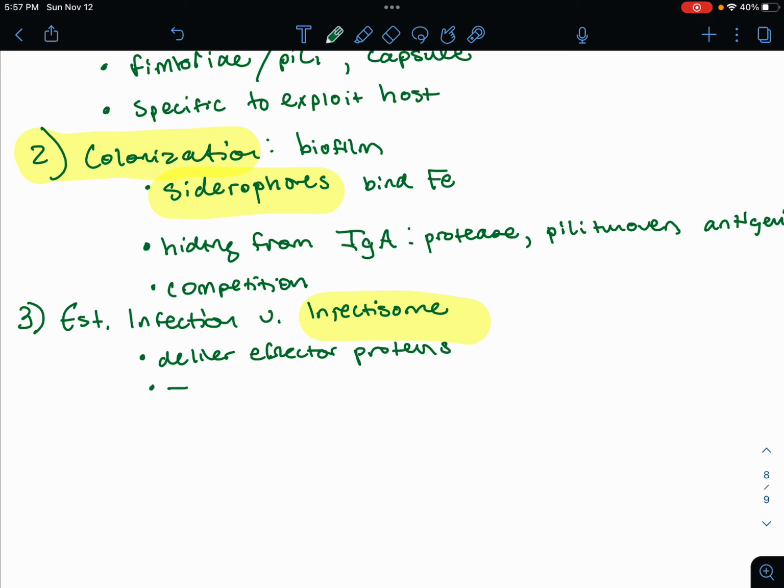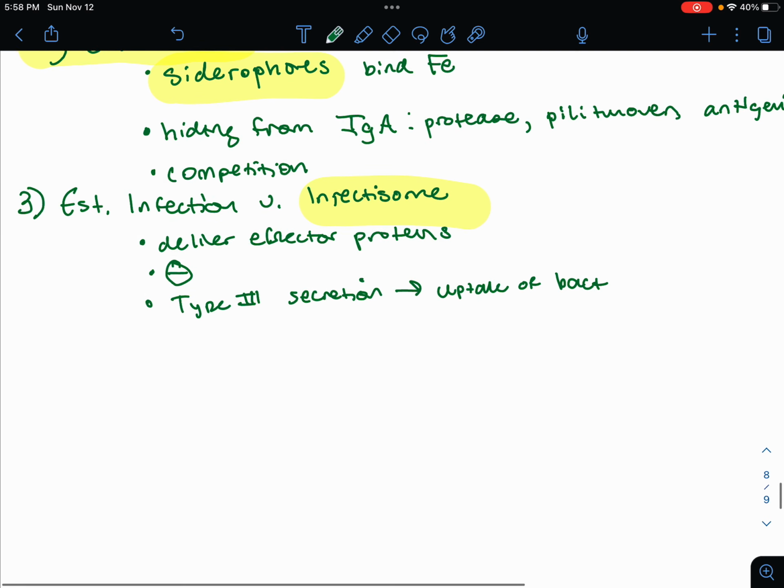And this is going to be in gram-negative bacteria. This is also known as a type 3 secretion system. This is going to allow for the uptake of the bacteria. Injectosome, again, it looks kind of like a syringe. It's going to shoot those effector proteins right into the host cell.